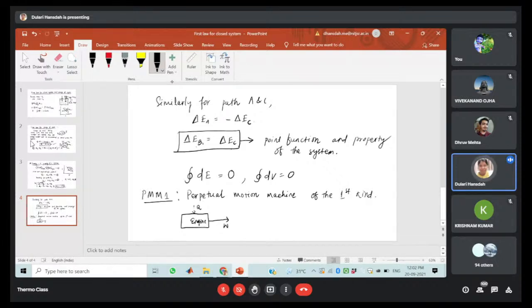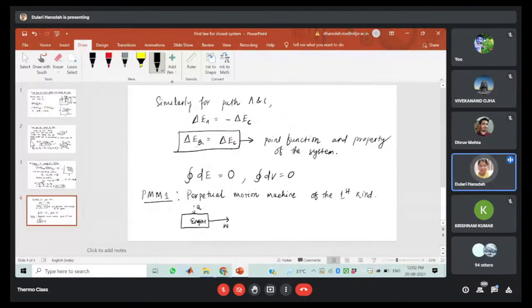So this type of machine is not possible. There will always be an appearance of energy transfer to the system, then only it will give you the mechanical work output. So this is known as the perpetual motion machine of the first kind.